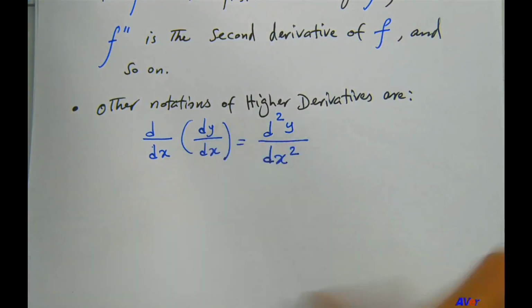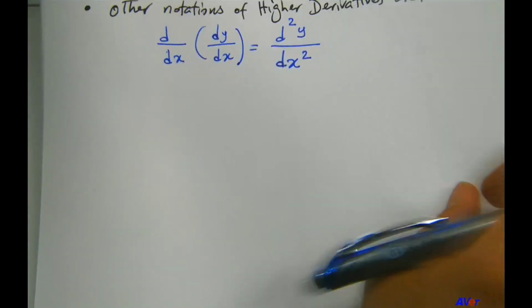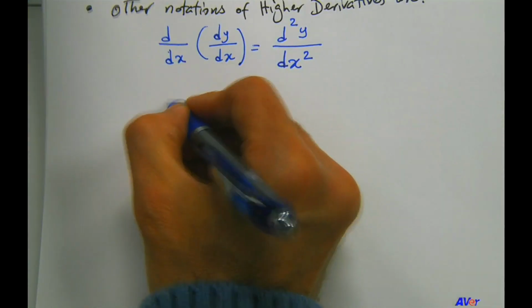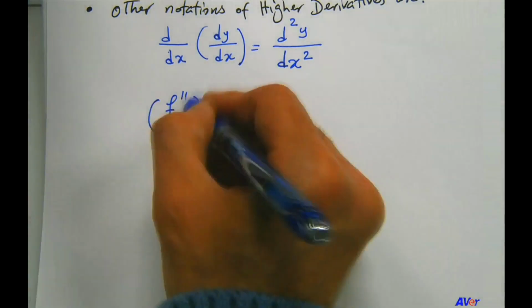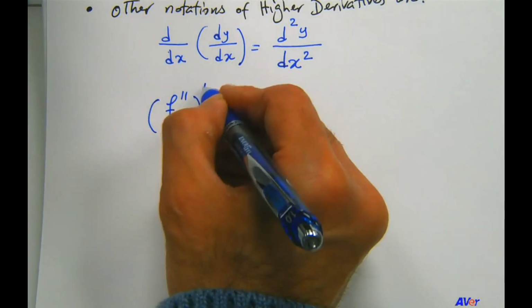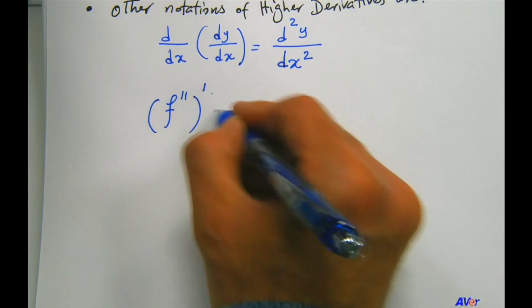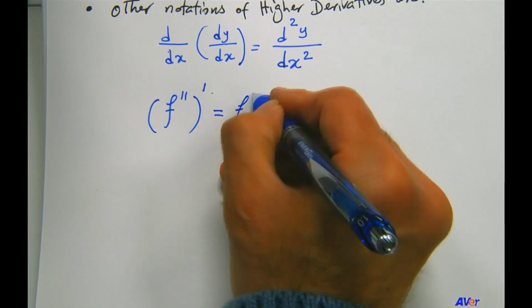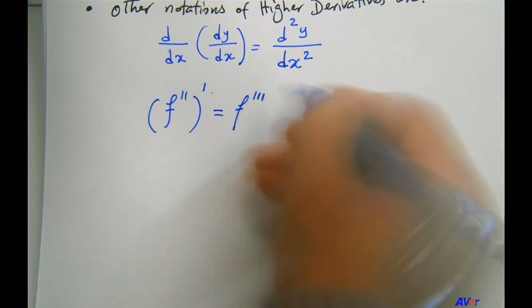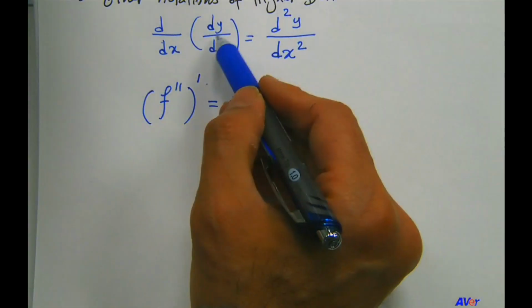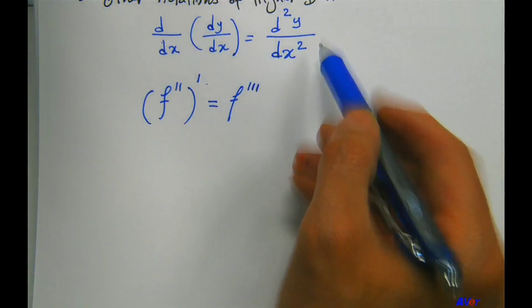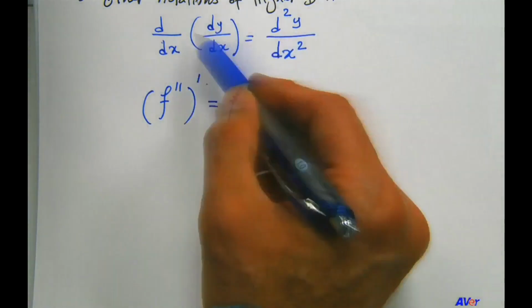Okay, so that's one notation. If you have this notation, which we mentioned above, f double prime, that's the second derivative. If you take the derivative of this a third time, f double prime prime, then you have obtained the third derivative, so f triple prime. Okay, what else? Well, based on what we said here, can we have a third derivative and the notation follow the same pattern?